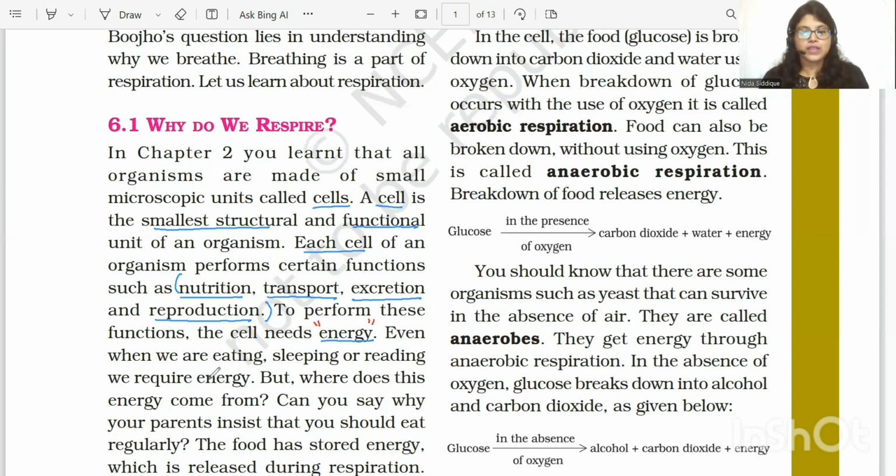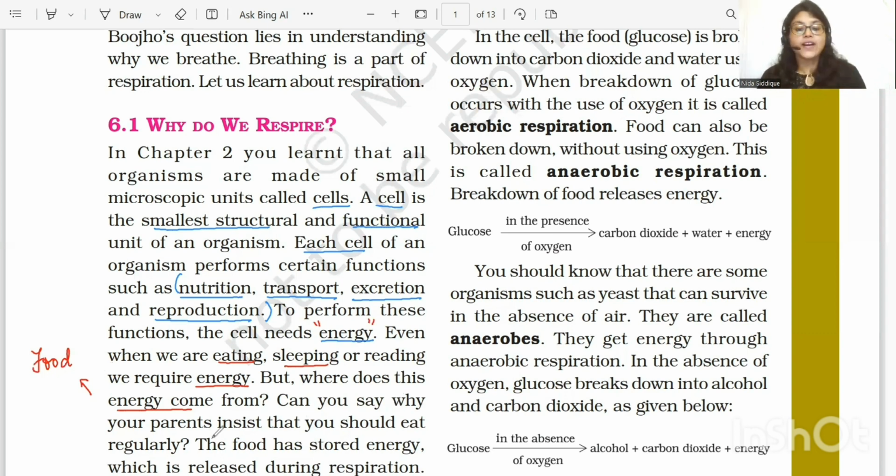And even when we are eating, or we are sitting and studying, or we are sleeping, we do require energy. अब सबसे important question आता है, where does this energy come from? Anyone, any idea, like where is this energy coming from? Well, we get our energy from the food that we eat.